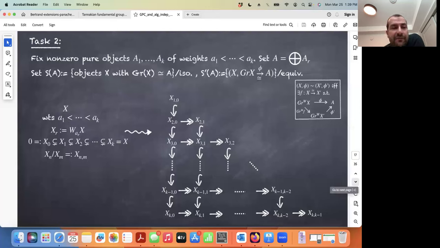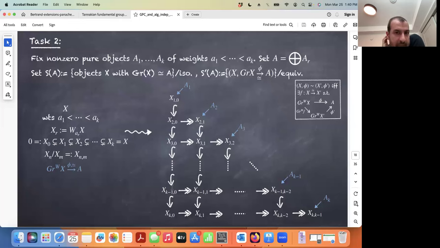Now, if you have an isomorphism between the associated graded of X and A, and you choose such an isomorphism phi, then you can use that isomorphism to replace the top diagonal with the AR.